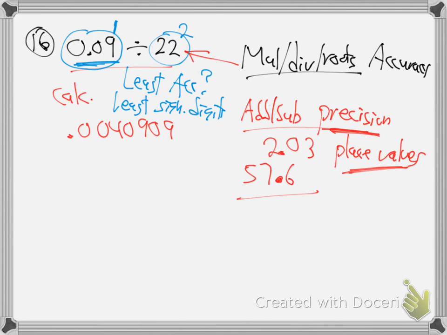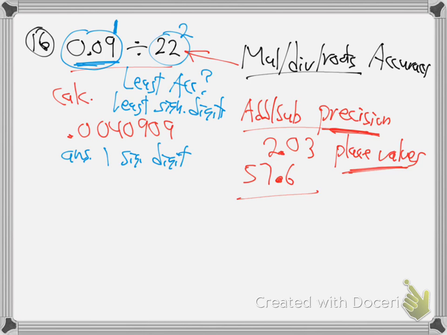And this one has 2. So which of these two has fewer significant digits? The first one, it's only got 1. So our answer can only have 1 significant digit. You always have to give the answer according to the least number of significant digits involved in the problem.